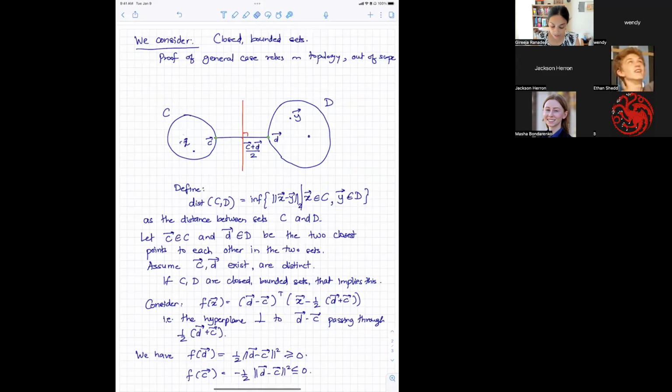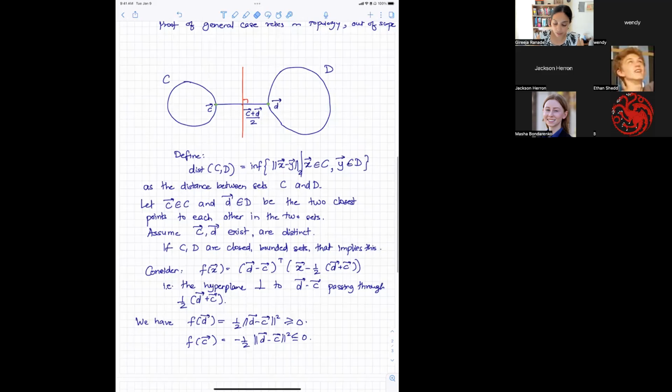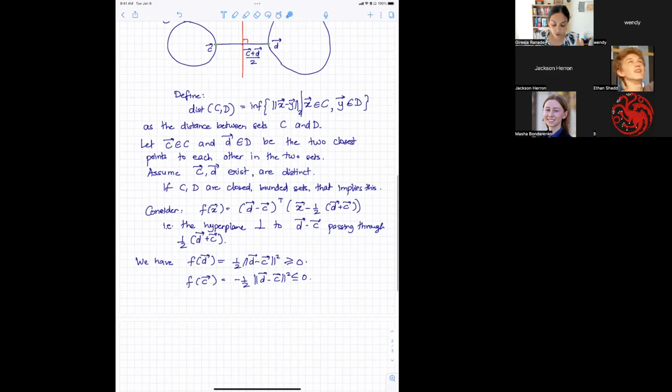And once I identify that minimum distance, I'm going to let C be the point in set C that attains that minimum distance, and D be the point in set D that attains that distance, right? So let C belonging to C and D belonging to D be the 2 points that are closest to each other from these 2 sets, okay?